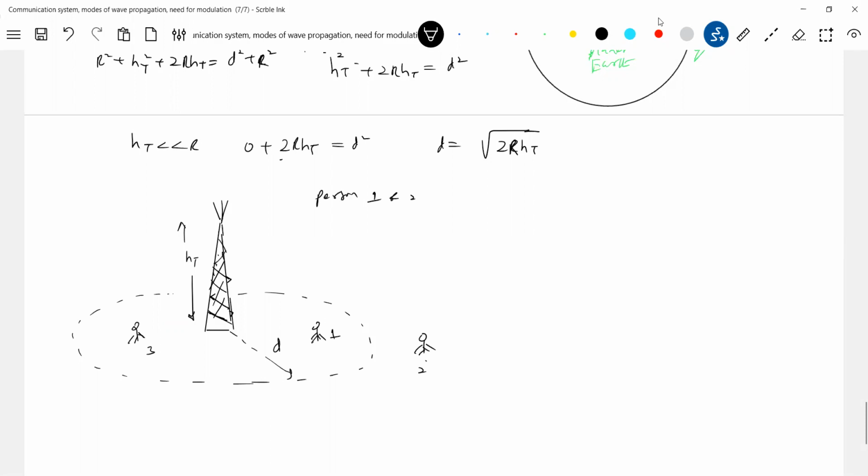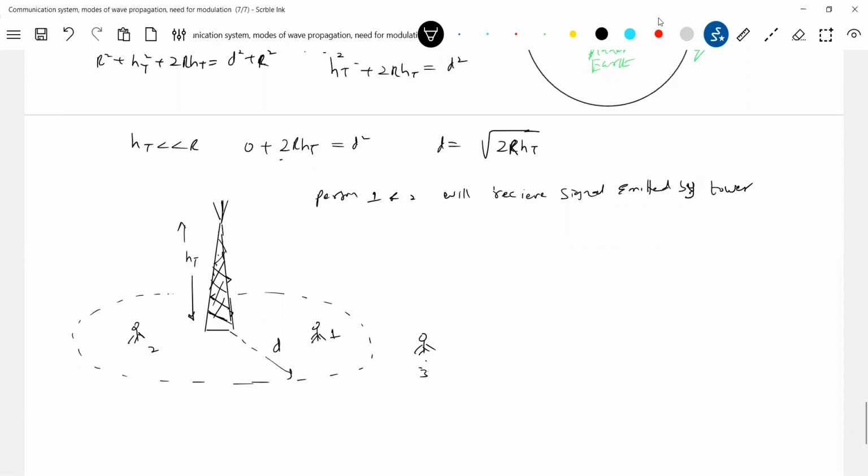Person 1 and 2 will receive the signal emitted by the tower. This is emitted by the tower.